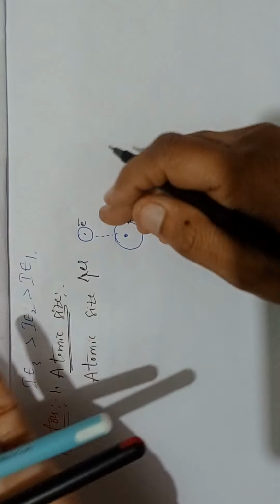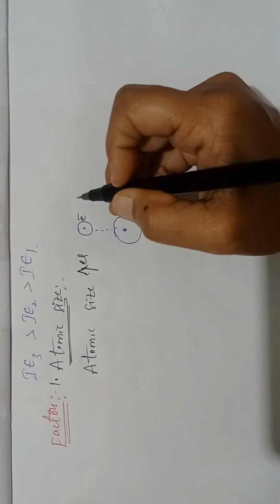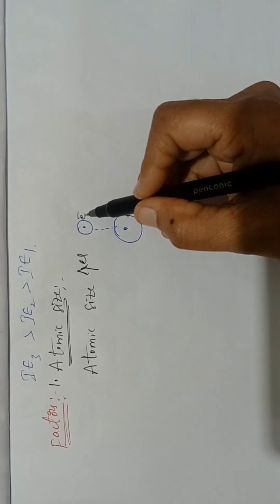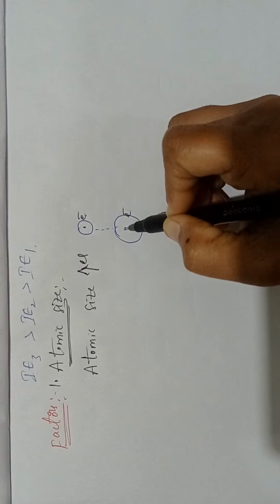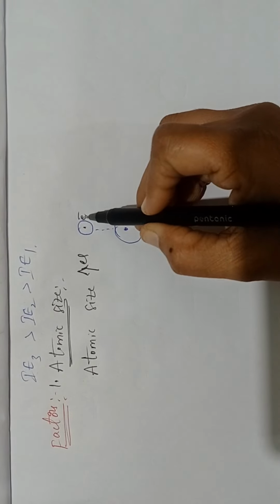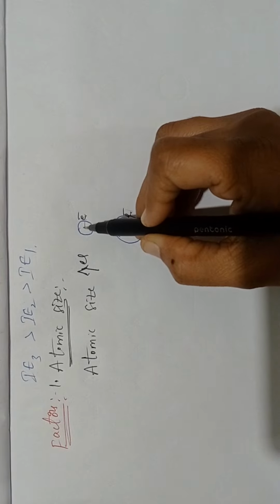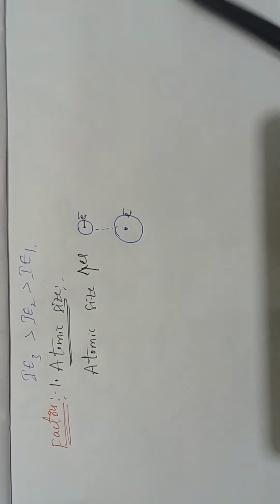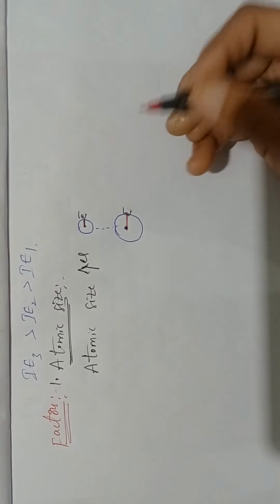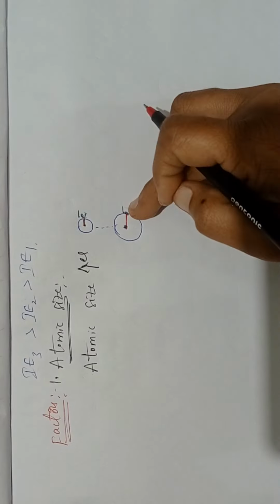This is the valence shell. Here the nuclear attractions are more on the valence electron. Here the nuclear attractions are less, because the distance between the nucleus and the valence electron, or valence shell, is more. Here the distance is less, and here the distance is more.